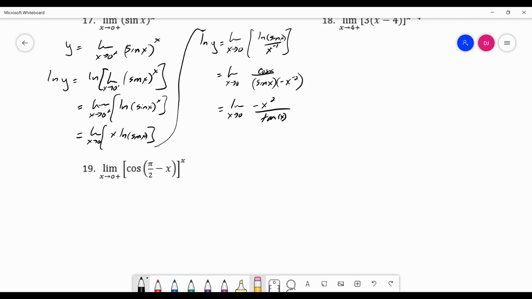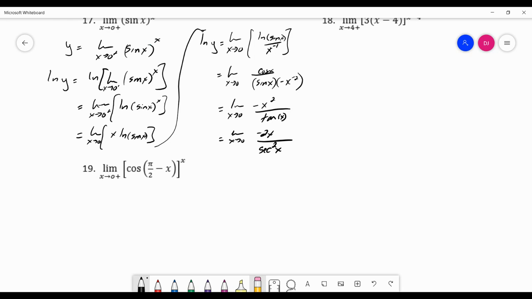Okay. Now as x approaches 0, that's another indeterminate form because that's approaching 0 over 0, which means I can use L'Hopital's rule again. Okay, so the derivative of negative x squared is negative 2x, and the derivative of tangent is secant squared x.